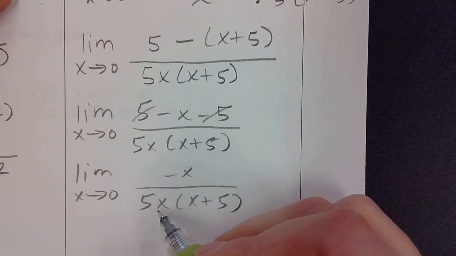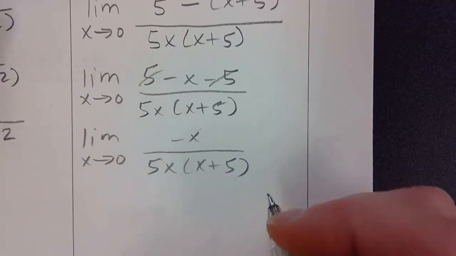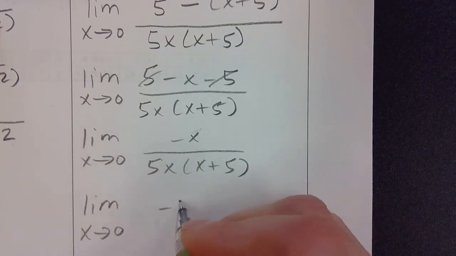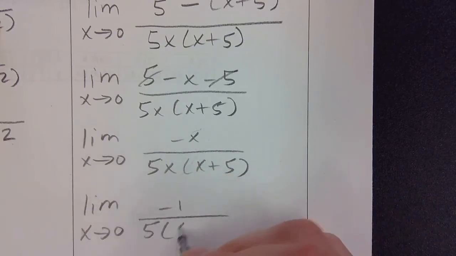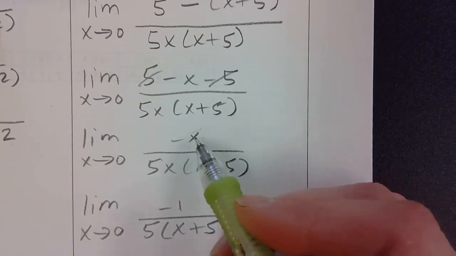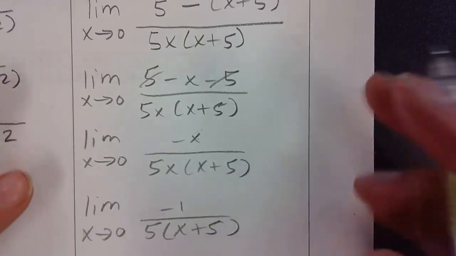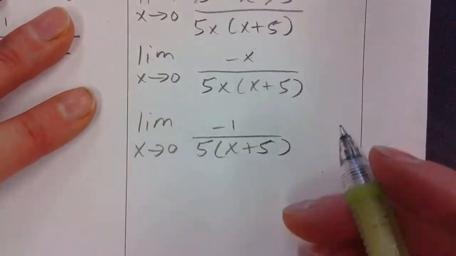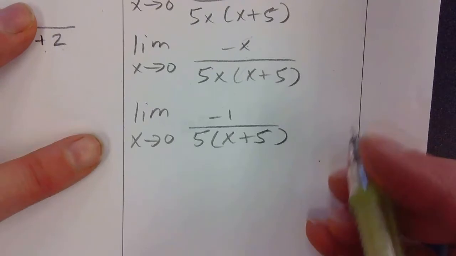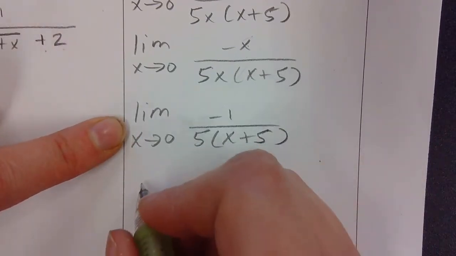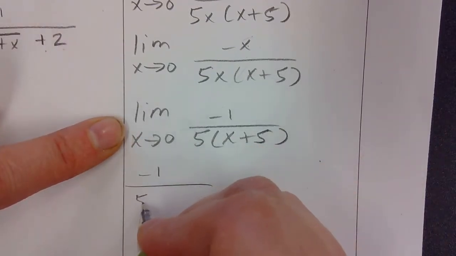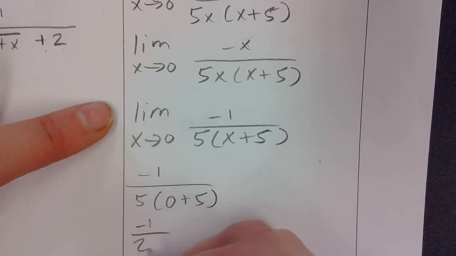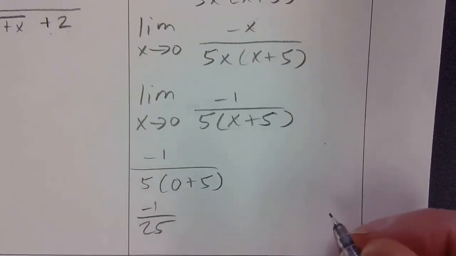So now if I divide out that x from the top and bottom, or cancel it, or whatever kind of bad math slang we want to use, I'm just going to have negative 1 over 5 times x plus 5. So basically the x divided by x makes a 1, so it's gone. And now that I have this to the point where I could actually substitute 0 and not get a 0 in my denominator, I'm going to do that. So I'll have negative 1 over 5 times 0 plus 5, which is negative 1 over 25, or negative 1/25.